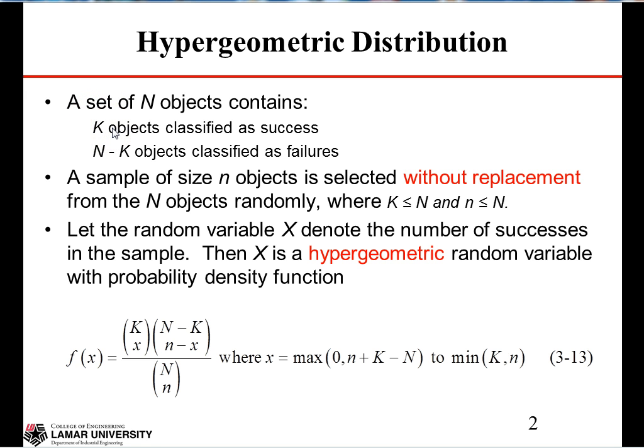Therefore each time you pick one, the chance of success is K over N. That's the p for the binomial, and lowercase n is the n for the binomial distribution: if you pick size n, you want to figure out how many of these n objects are successes.